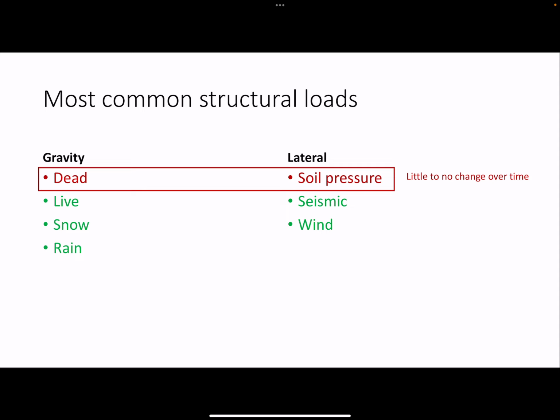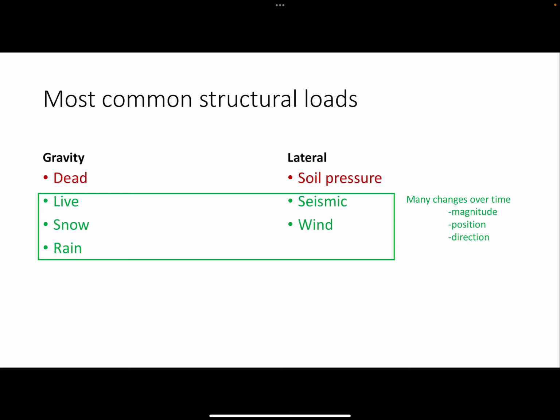The others, live loads, snow loads, and rain loads, are all gravity, and then lateral is seismic and wind. Wind can be vertical as well, but these loads have a lot of different changes over time. They can change in magnitude, they can change in location of where they're applied, and they can also change direction.